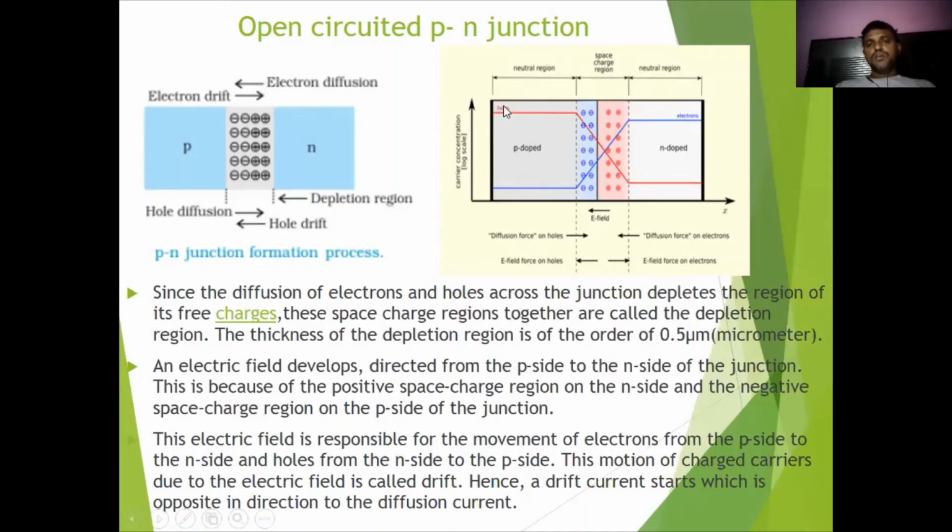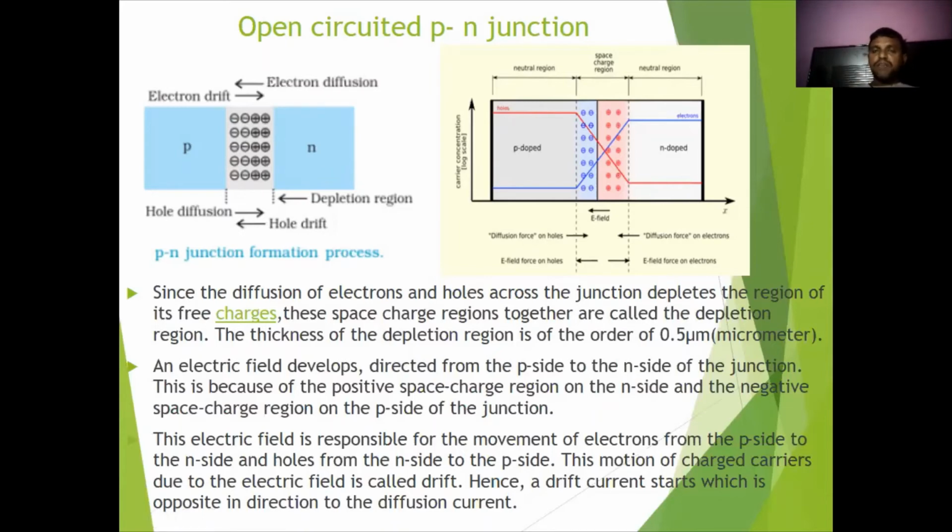And the concentration of holes in the P side is higher, and they will cross the junction, and here we have minority charge carriers. Up to this one there is no problem, that is diffusion of charge carriers takes place, and due to that some diffusion current will flow.